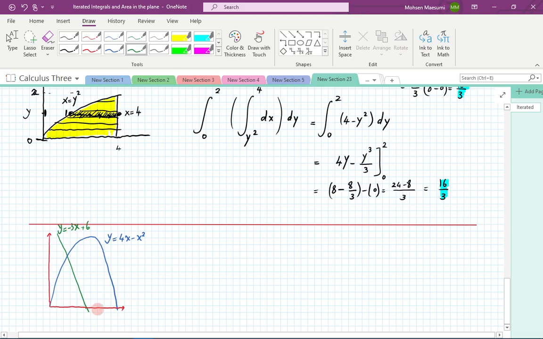And then we have another wall, if you wish, which is just our x-axis, or y equal to 0. And the question is, well, what is this area?